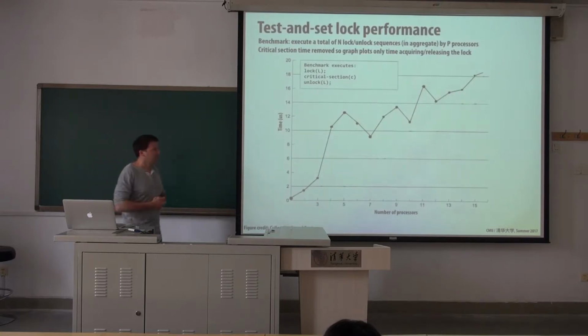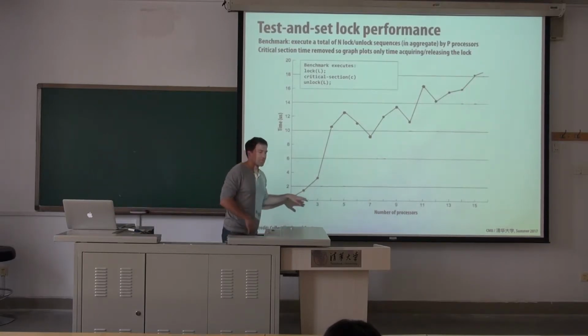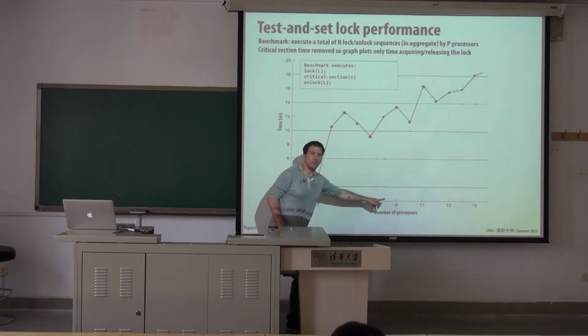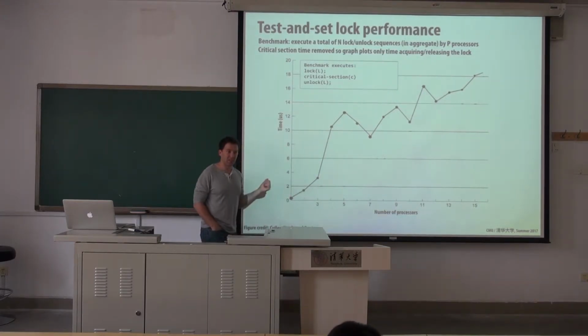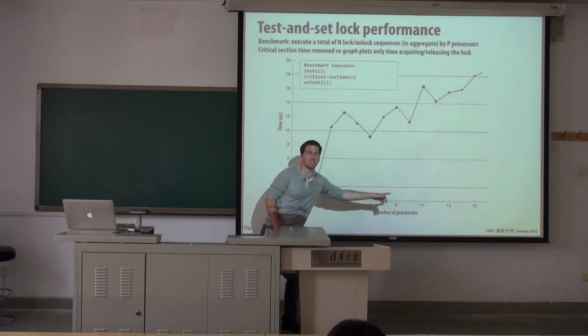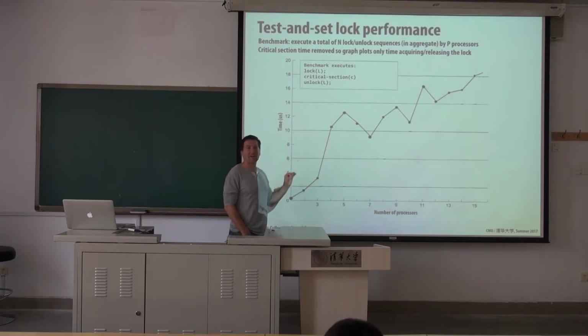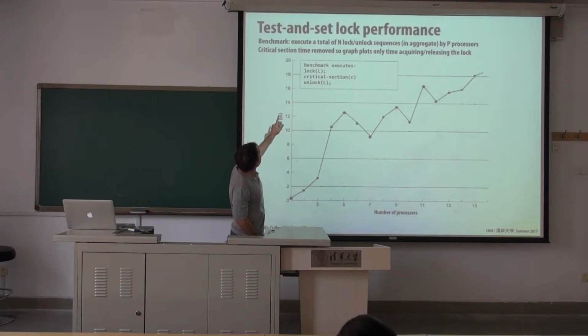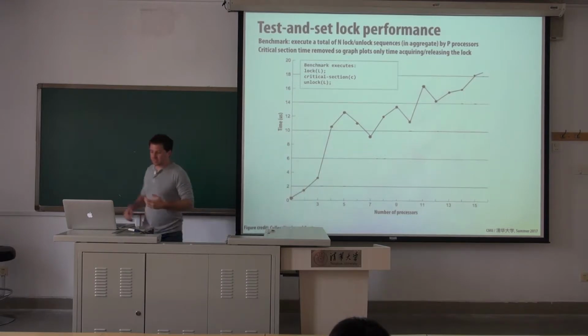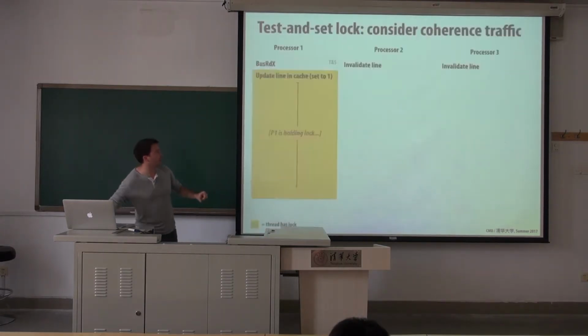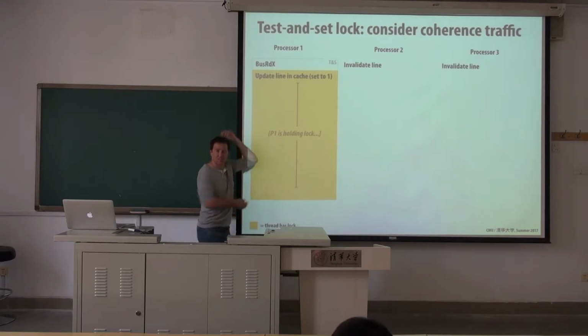Okay, and here's a graph of exactly this behavior. This plot is plotting the number of processors. My slide had 3. Now we have like 15. And this is a plot of how long it takes to execute the critical section. We'll say the critical section is the time that you have the lock, this part here.